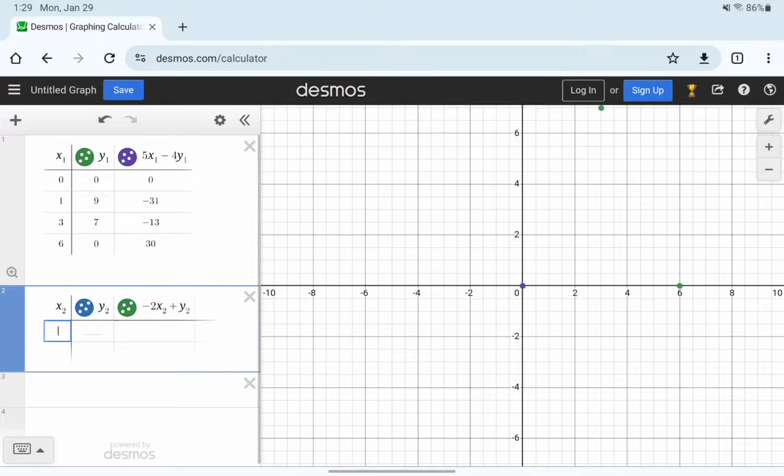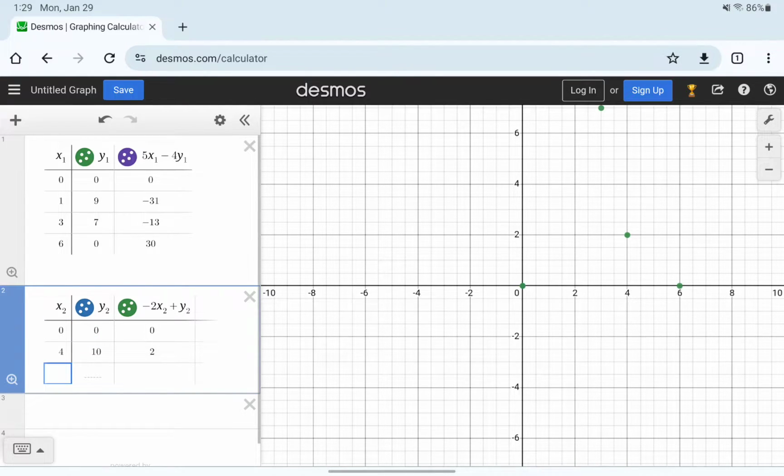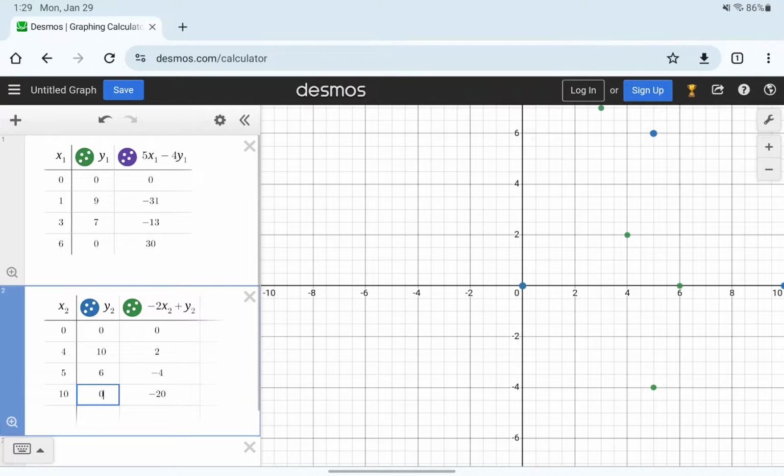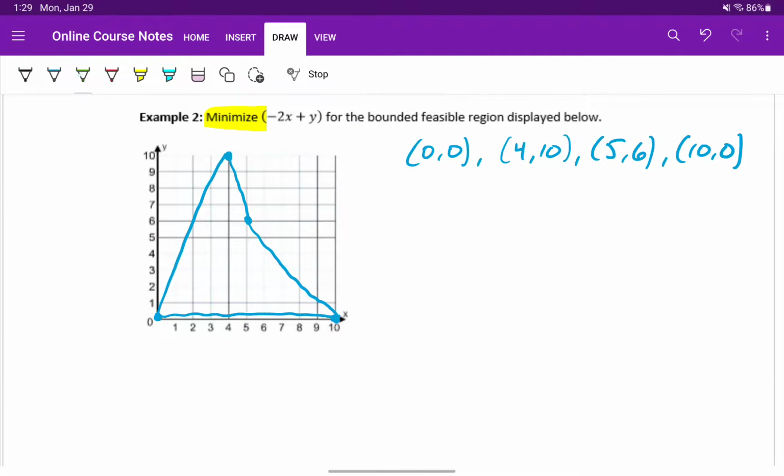By clicking tab or just clicking into that next box, we can input our xy coordinate pairs. We're looking to minimize this expression. So in this case, that minimum value is negative 20, the smallest possible value we can get from these corner points, meaning our solution is going to be (10, 0), and that's going to yield that minimum value of negative 20.